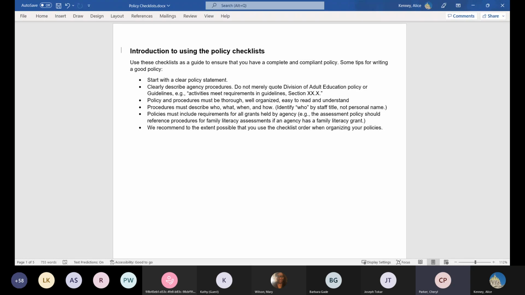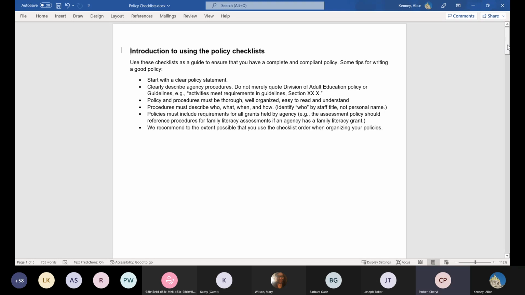And the final item on this page: we recommend, to the extent possible, that you use the checklist order when organizing your policies. By the way, using the active voice when writing makes it more clear than the passive voice. For example, "instructors hand to data entry staff the daily student attendance sign-in sheets" rather than "attendance records are collected."